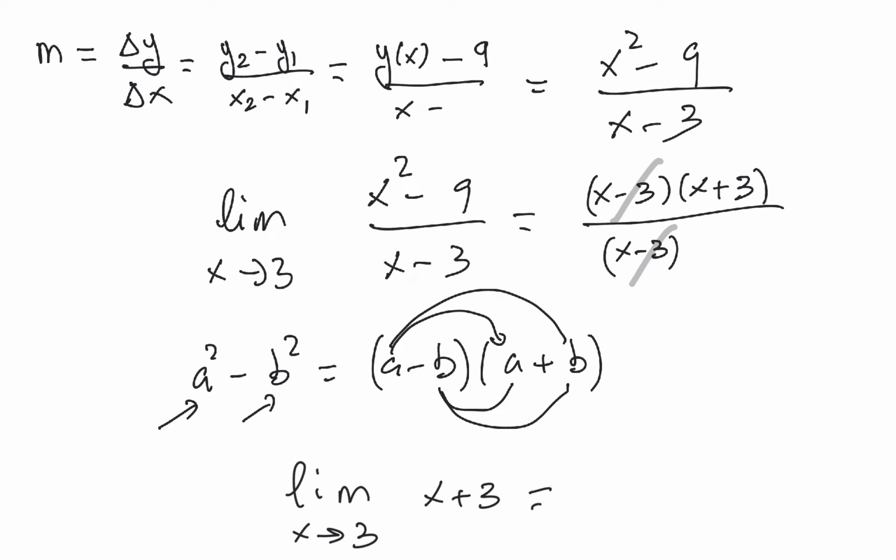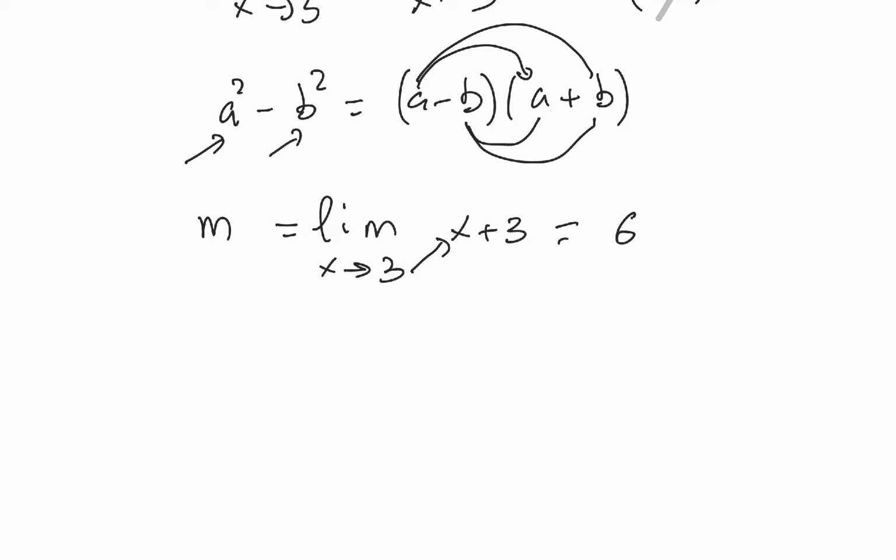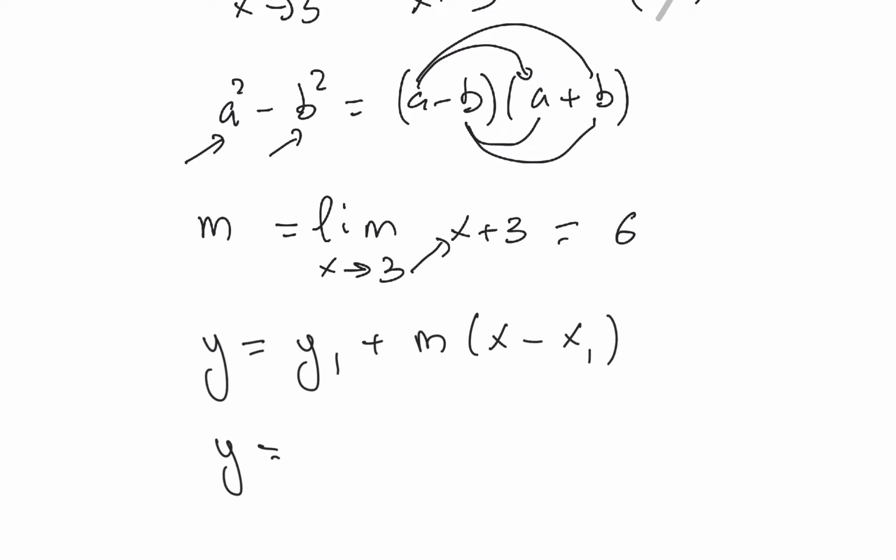And when x goes to 3, the value of x is 3, so the slope, the m, will be 6. So what is the equation of a rectilinear line? The equation of a rectilinear line is y equals y1 plus m multiplied by x minus x1. What is y1? Y1 is the point P that is 3, 9.